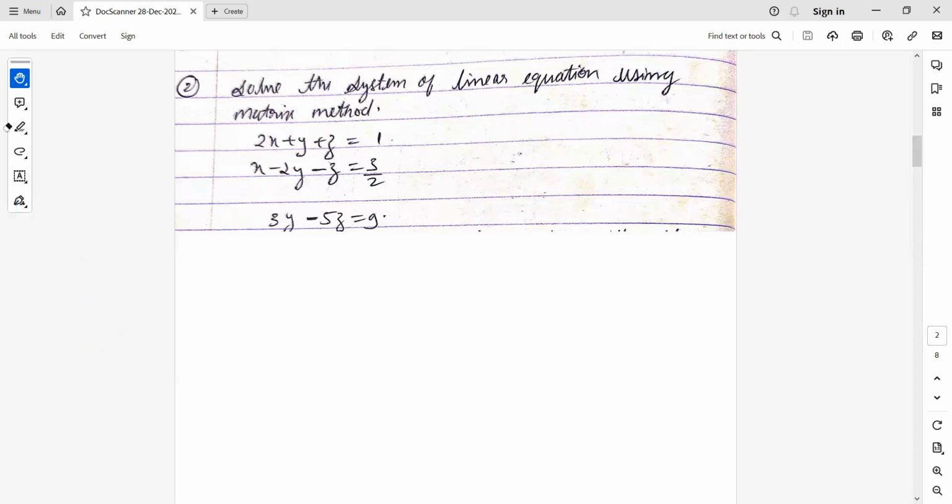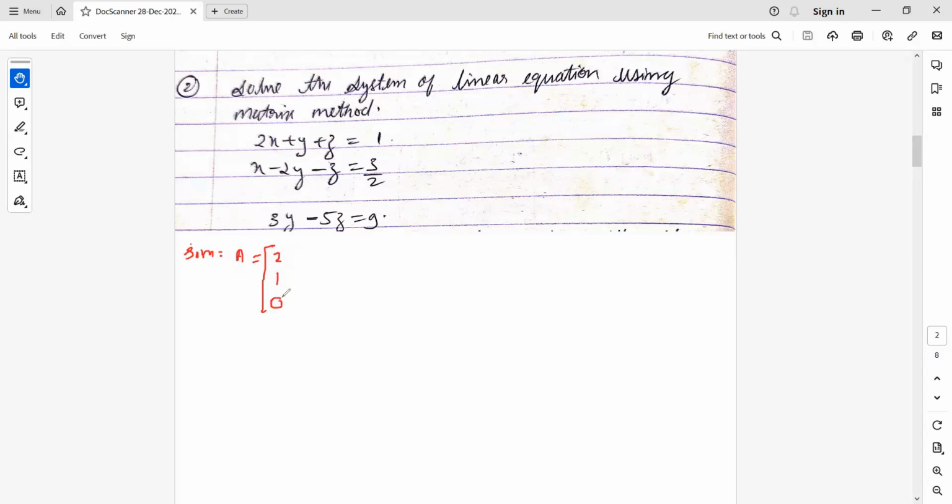Yes. So see, pay attention now. First step. First we have to write the 3 matrices. We need to split the given system into 3 matrices. That is matrix A. Matrix A consists of only the coefficients of x, y and z. Now see, in the first and second equation, the x coefficient is 2, 1, and in the third equation there is no x coefficient.